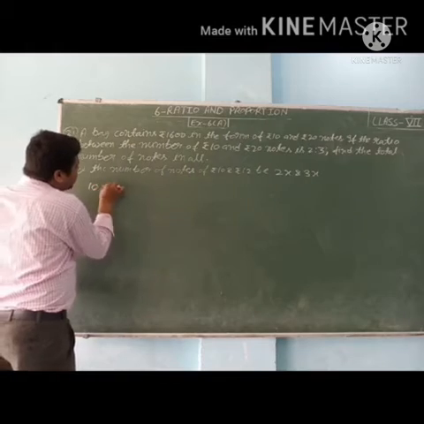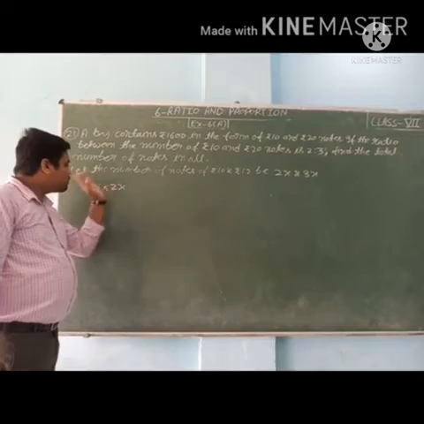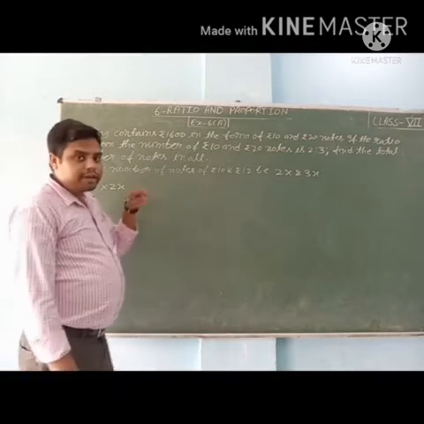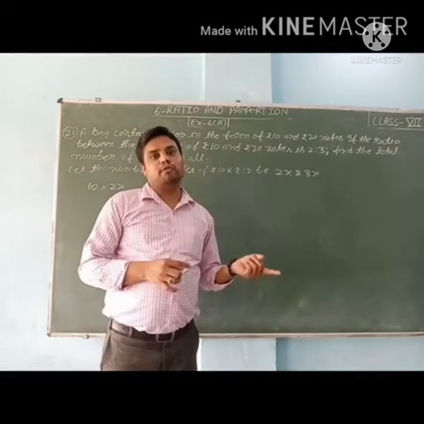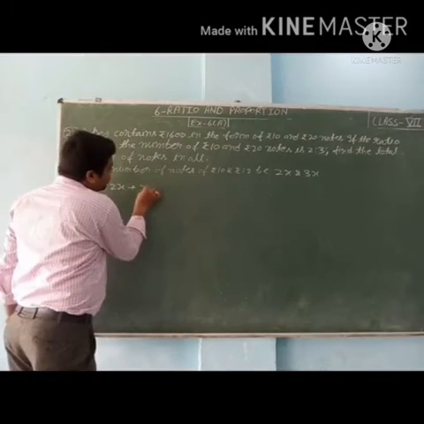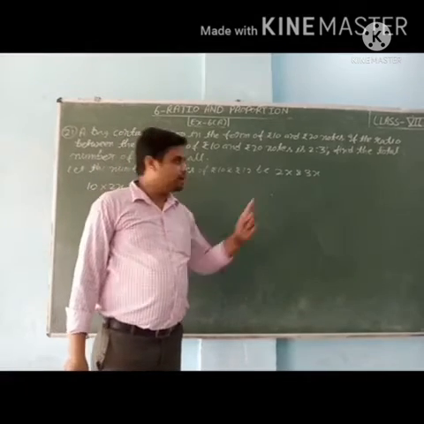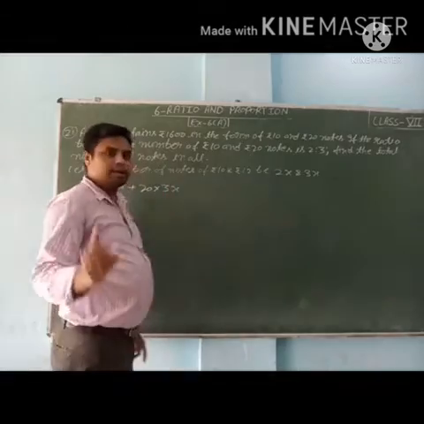10 multiply 2x is the amount of rupees 10 notes. And in the same bag, rupees 20 notes also. It means plus 20 multiply how many notes of 20? 3x. Listen by one example.